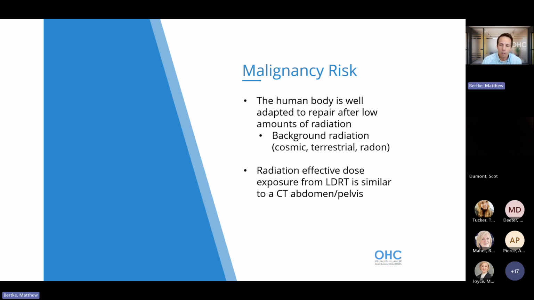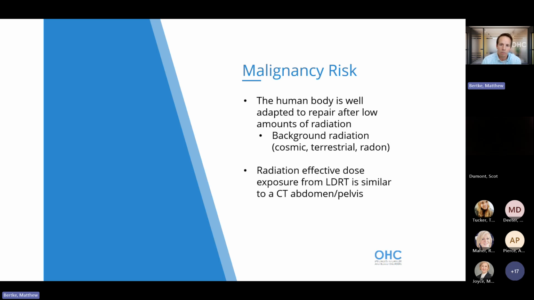Malignancy risk, or the risk of causing a cancer with radiation, is an important thing to talk about and consider with any kind of radiation, especially for a benign condition like this. But the human body is really well adapted to repair from low levels of radiation. We're exposed to radiation every day in the form of cosmic radiation from the sun, radiation from the earth like radon.